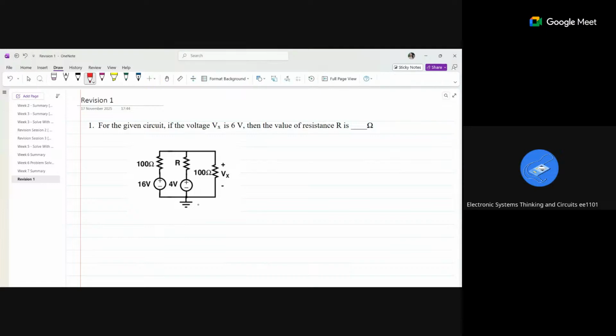So what is the formula for this? If this is R1, this is V1, this is R2, this is V2, this is Rx, and this is Vx. What is the formula for Vx?